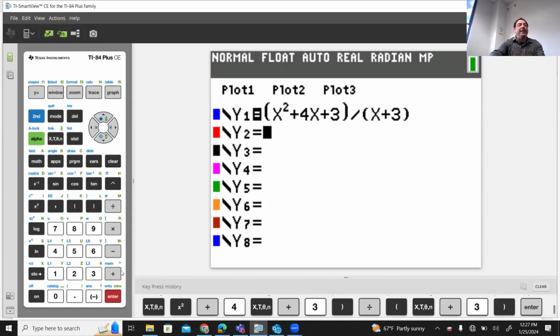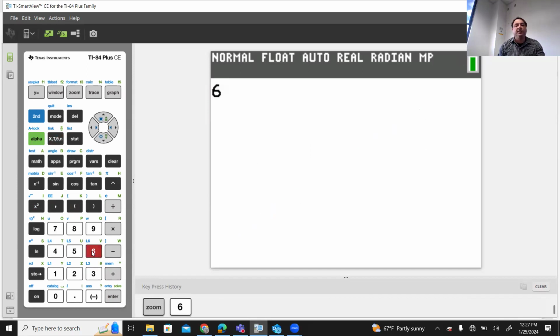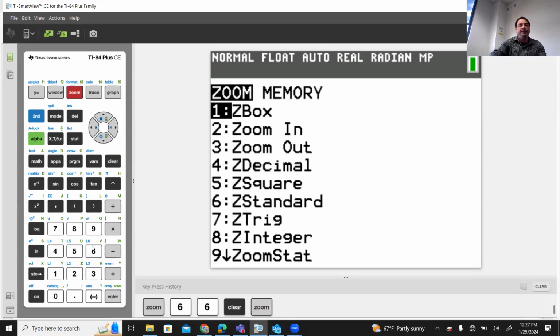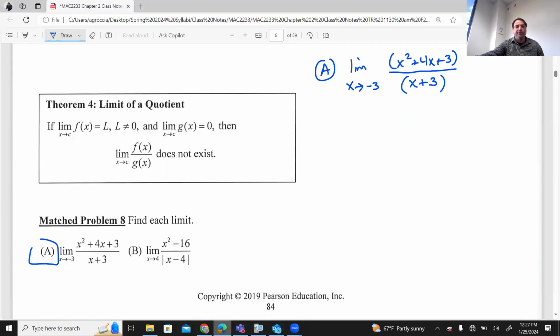Okay. Now I'm going to hit zoom 6. That gets me a normal window. Zoom 6. And that's the graph. Okay. So I'm going to do the best I can, kind of draw that graph in my notes so we can refer back to it. So I go to the notes.